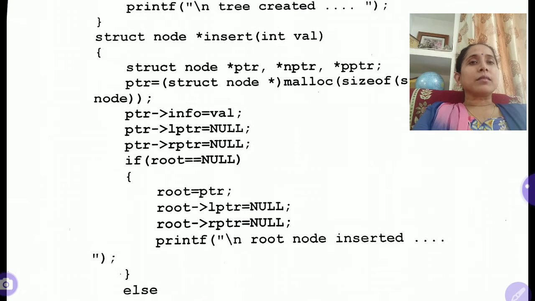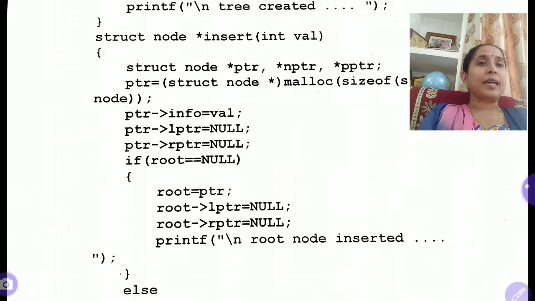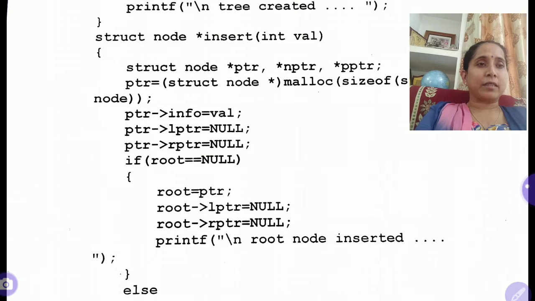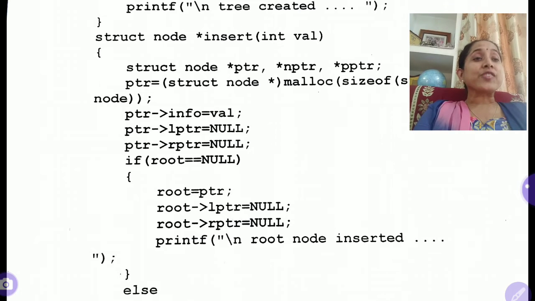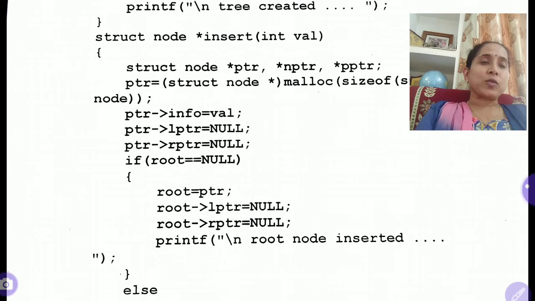So we start with struct node. In the insert node function, we will create three pointers: ptr, nptr and pptr. ptr is a pointer which is behaving as the fresh pointer as in our linked list. The fresh pointer that we used to create in linked lists, this is ptr. Whenever any new node is inserted, its address will be stored in ptr. pptr is for the previous node pointer and nptr is the present node pointer.